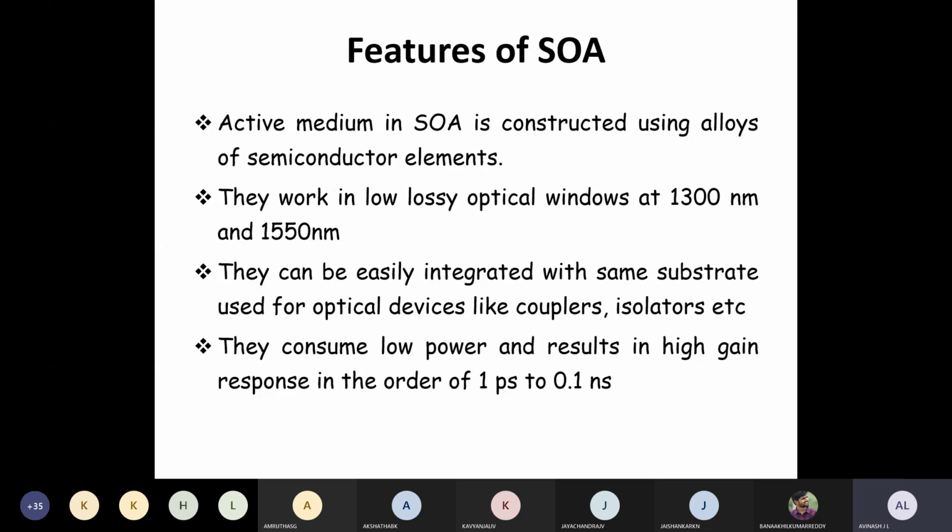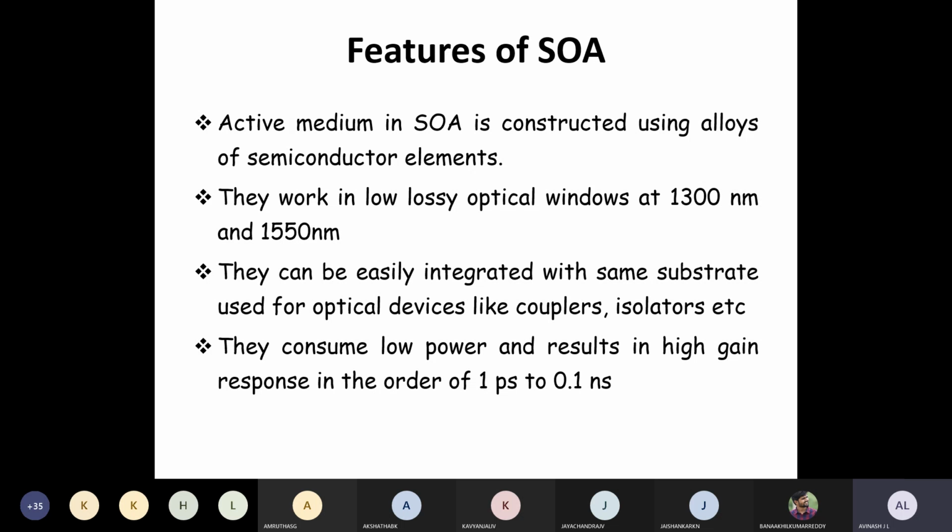Here, optical windows means one particular range of wavelength we are talking about. Window means some particular portion. They work in the low-loss optical windows at 1300 nanometer and 1550 nanometer. So this is the window size. That is the second feature.